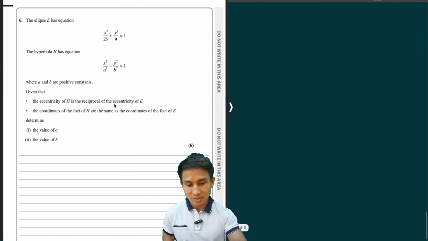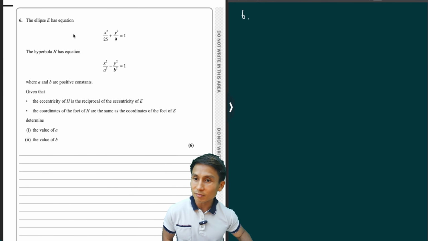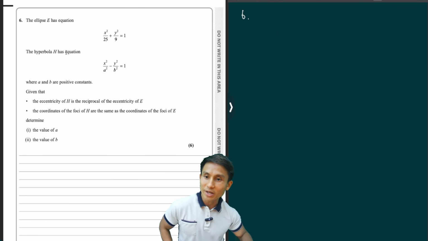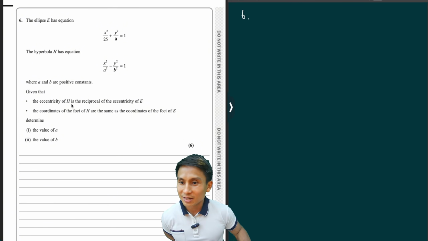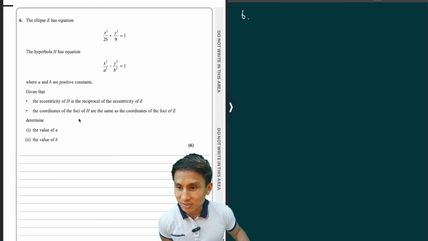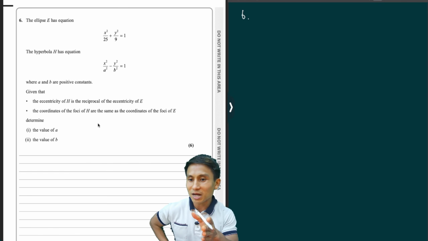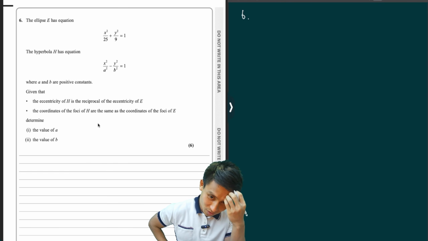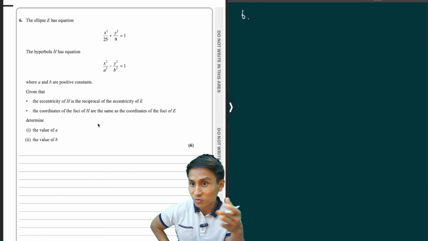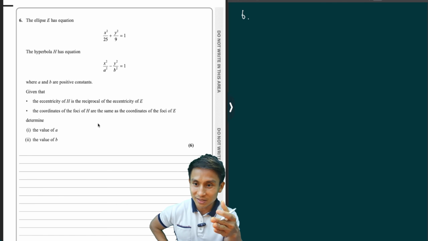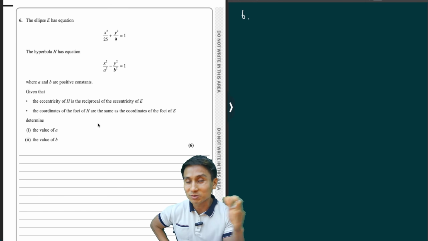Next, number 6. The ellipse E has an equation, and the hyperbola H has an equation, where a and b are positive constants, given that the eccentricity of H is the reciprocal of the eccentricity of E. I think this style has come out before in 2022, where they give you an ellipse and hyperbola, and then E1 times E2 equals 1.